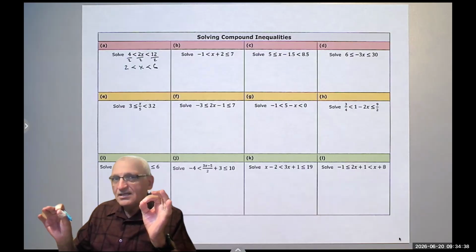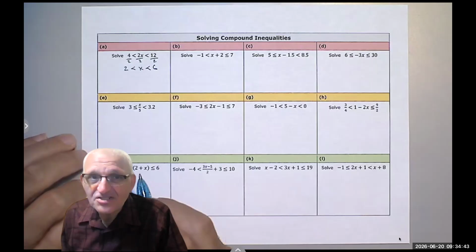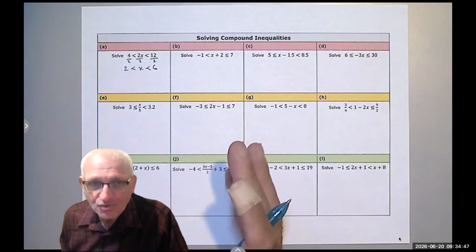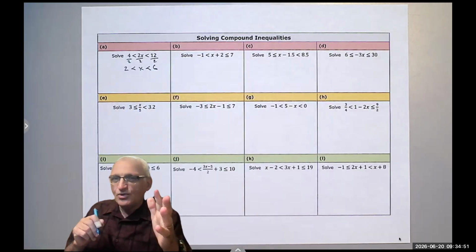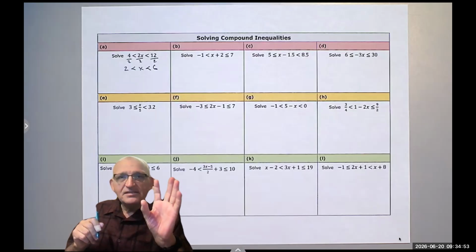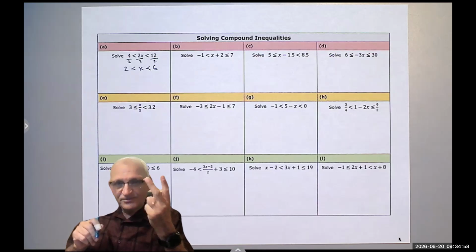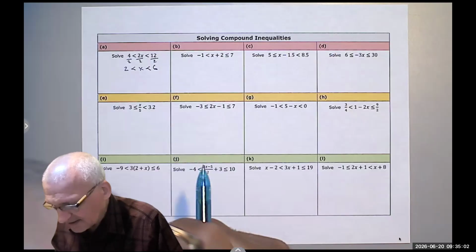Why? You still remember we don't have an equal sign. I didn't say x is greater than or equal to 2. I said x is greater than 2. I cannot change these except in two cases. One of them you won't see in this course, but in only two cases, I can flip them over. You will see only one of them in this class, as I said.